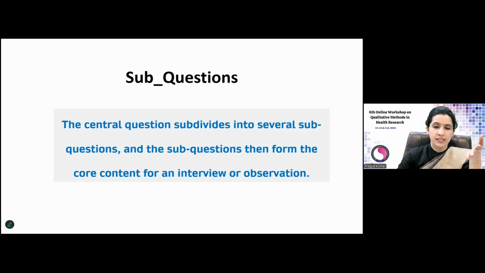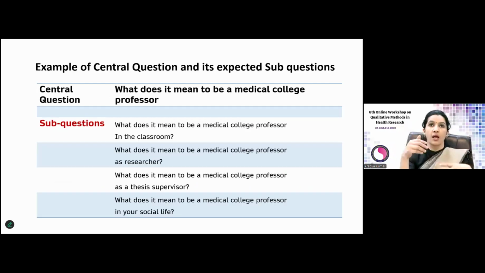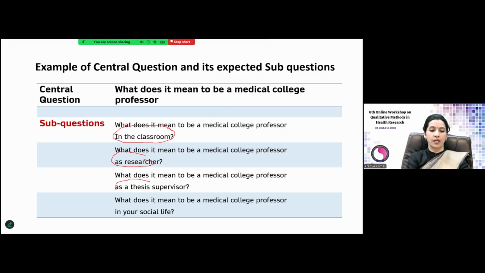In this case, if I ask, what does it mean to be a medical college professor? A medical college professor has various roles. So you can ask what it means to be a professor in the classroom, as a researcher, as a thesis supervisor, and in social life. So you have just delineated the various roles.